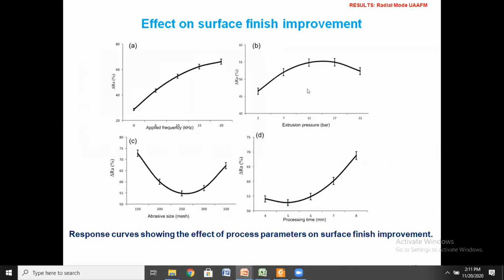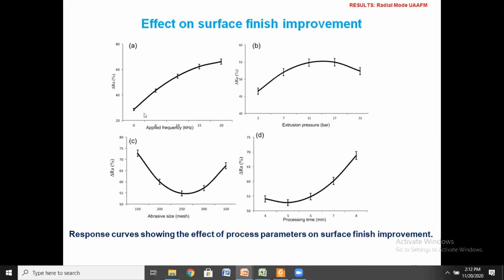Coming to radial mode UAFM, when I plot the independent, or individual, effect response curves from the data, here you can see the applied frequency and its trend, the extrusion pressure and its trend, the abrasive size and its trend, and also the processing time and its trend, right?